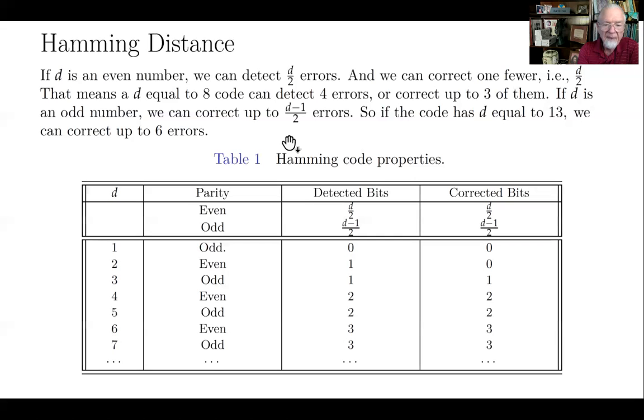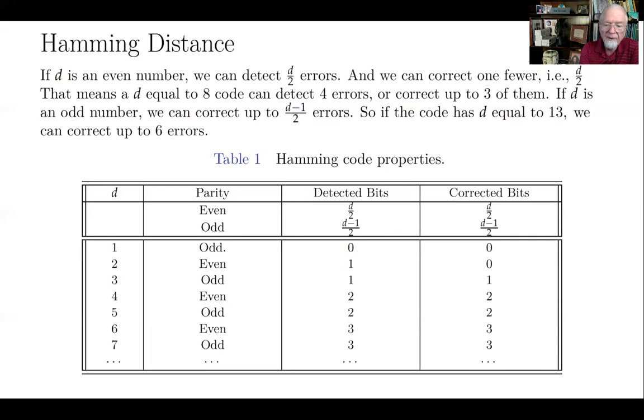All right. So you have a little table here. If it's odd, if it's 1, you get no error bits detected, none corrected. If it's even, you have 2, you get 1 detected bit and no corrected bits. 3, you get 1 detected bit and 1 corrected bit.